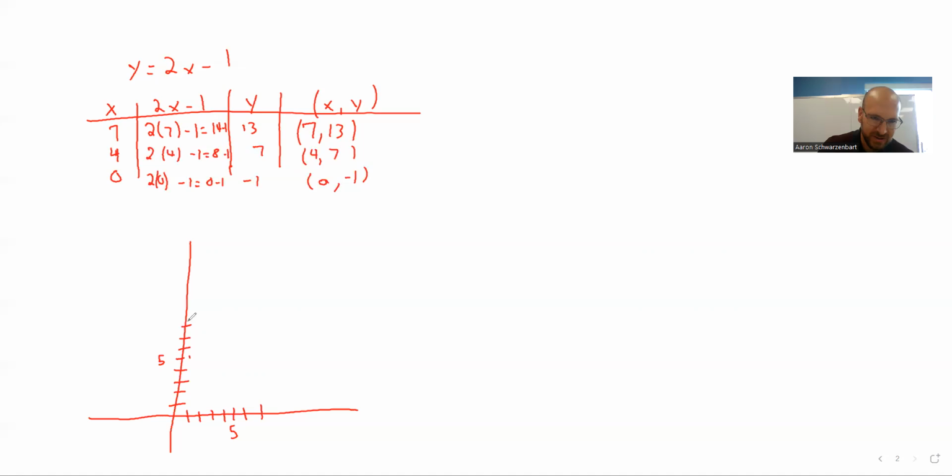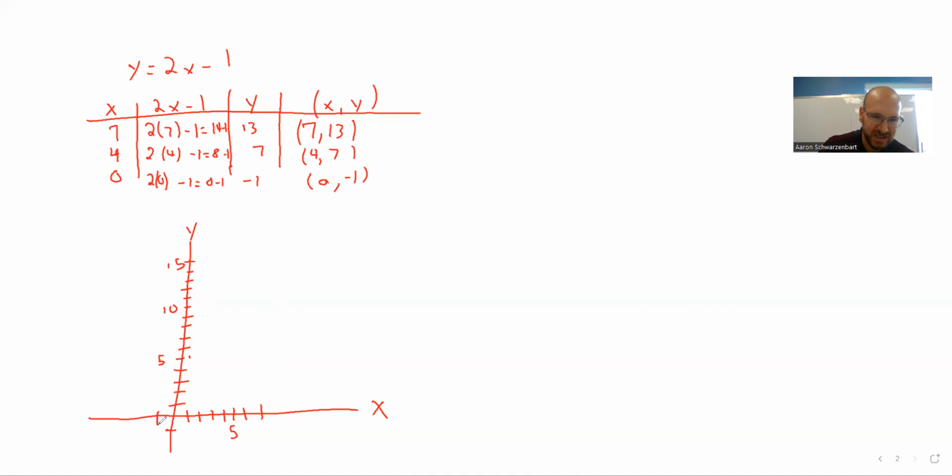When I'm doing a graph, I could make each dash a 2. I'm choosing to make each dash a 1 this time. Going to 15 here. My point 7, 13. I should label x and y. I need a -1 too.